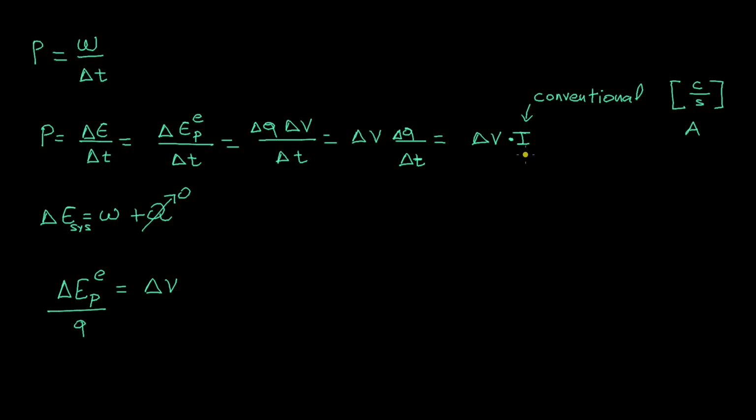So when you deal with circuits, you can and should use what I just proved, delta V times I. I have used an equation that relates the change in the electrical potential energy with the charge and the change in potential, which is always valid. There is no case where you will find that this is not correct.